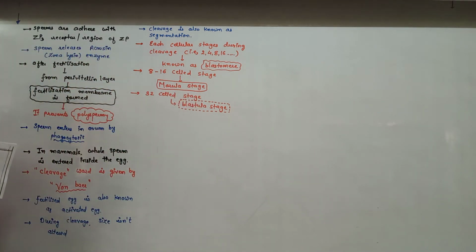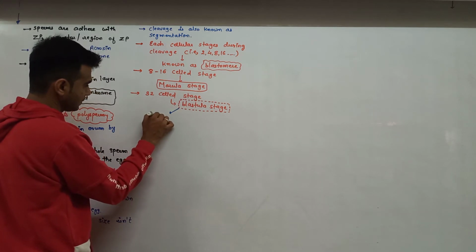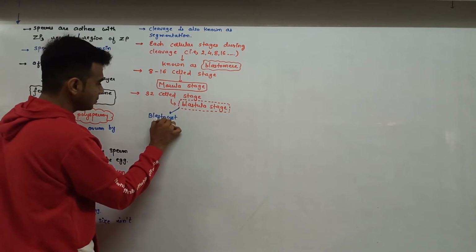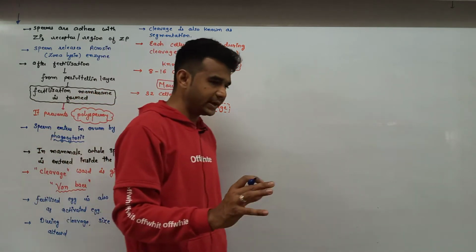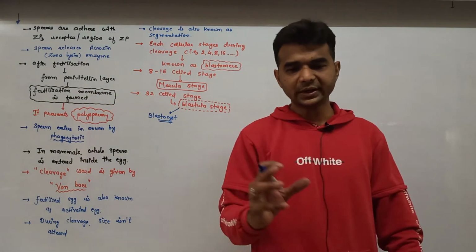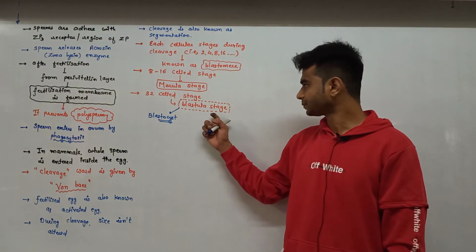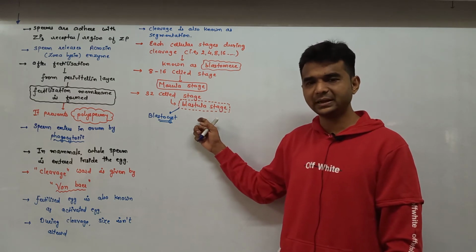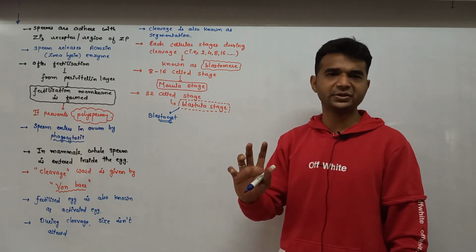But in this blastula stage, a cyst is formed. It is known as blastocyst. Cyst means round in shape. So the 32 cellular stage is known as blastula stage. In that, the blastomeres are there in the blastula stage, and it is properly round in shape.